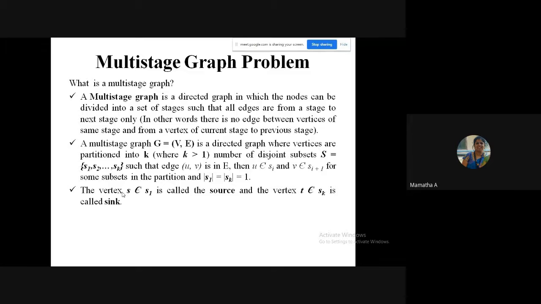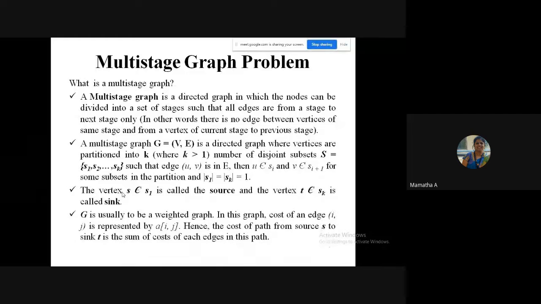And the edges will be framed in such a way that they move from one stage to the next stage, not to the same stage or the previous stage. This multi-stage graph will also be a weighted graph, usually a weighted directed graph, wherein the cost of the edge i, j is represented as A of i, j.